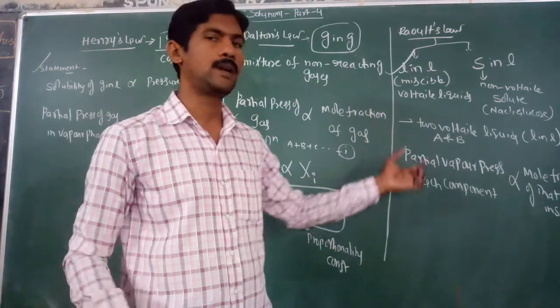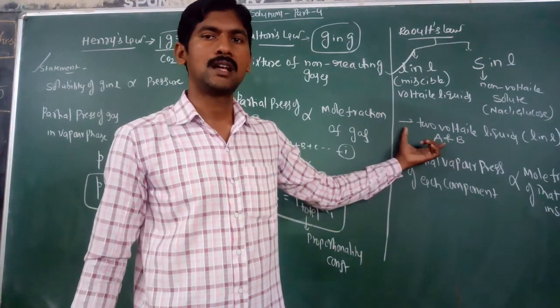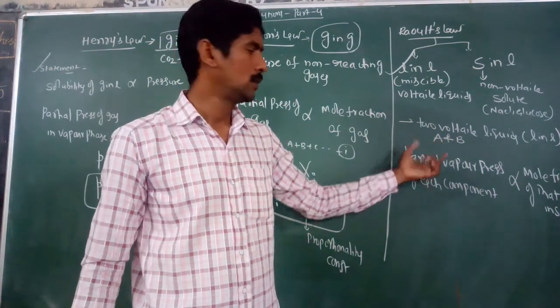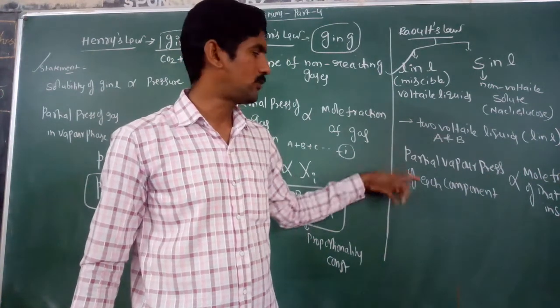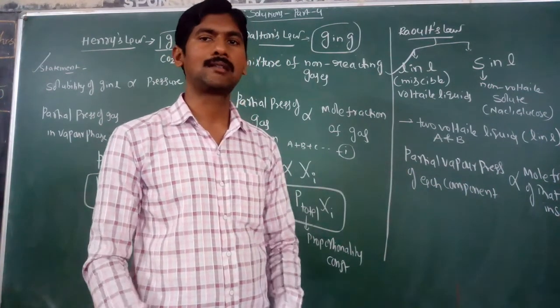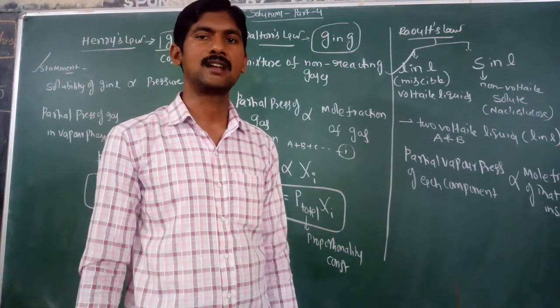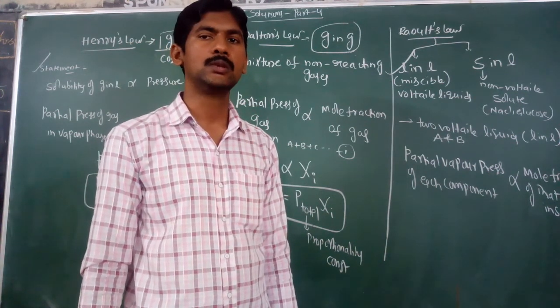So what is the statement of Raoult's law for 2 volatile liquids? The partial vapor pressure of each component is directly proportional to the mole fraction of that component in solution.